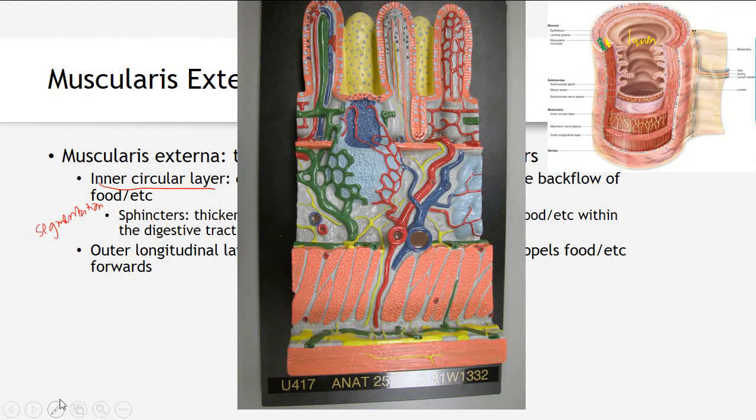So over here, this is the muscularis externa, but specifically this part here is the inner circular layer. This is the outer longitudinal layer of the muscularis externa.